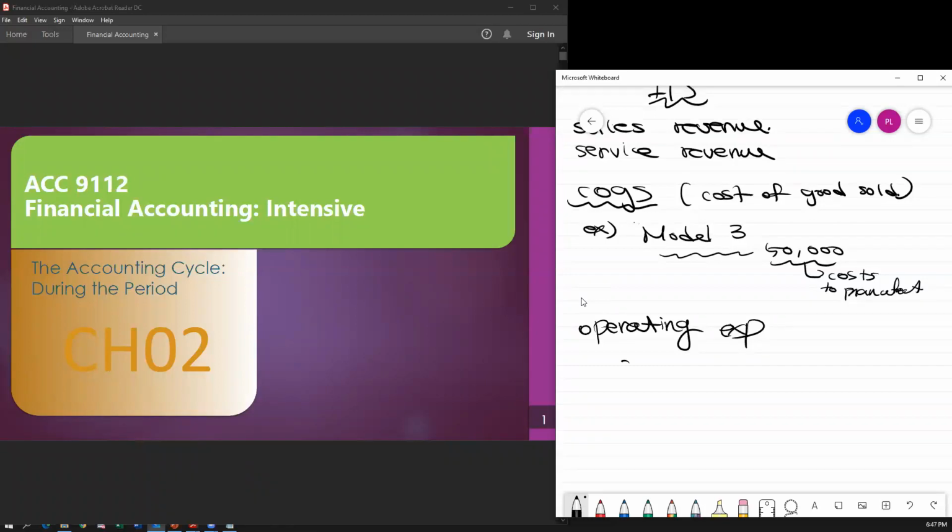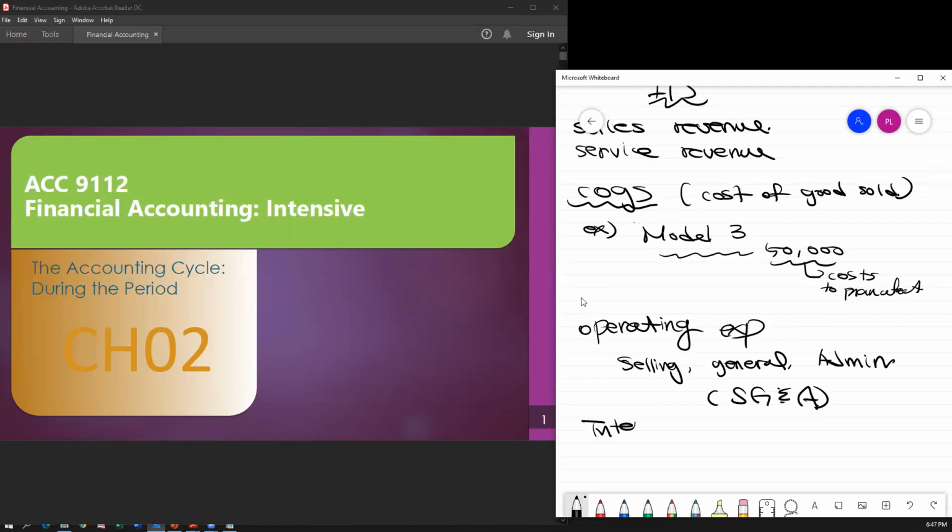The most important item is selling, general, and admin expenses, or SG&A. This SG&A expense is a typical expense that you report under operating expenses.